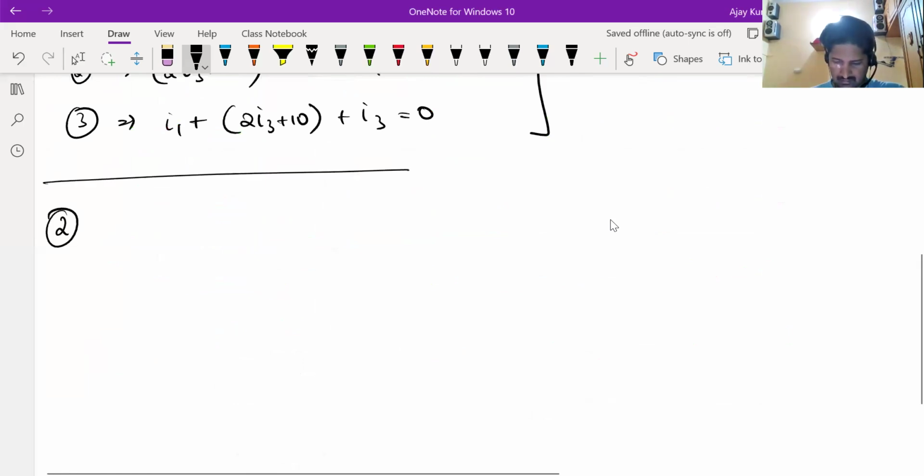Next, try this question. Suppose there is a point here which is maintained at 20 volts.